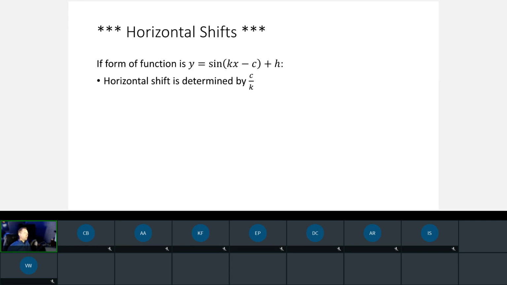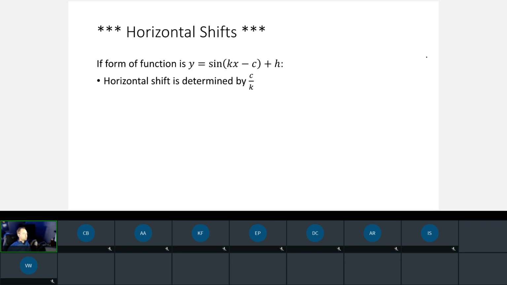When you have y equals, in this case, sine, and you have k of x minus c, when k is something other than 1, like if there's a 2 in front of that x, it affects your horizontal shifts in a way that you just can't pull it out directly.